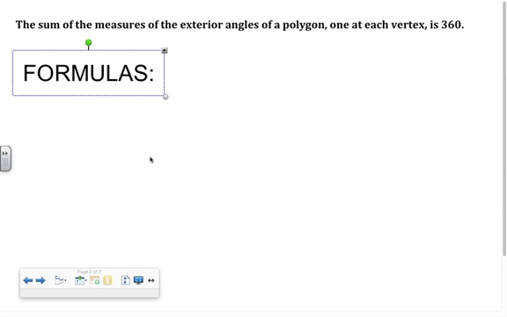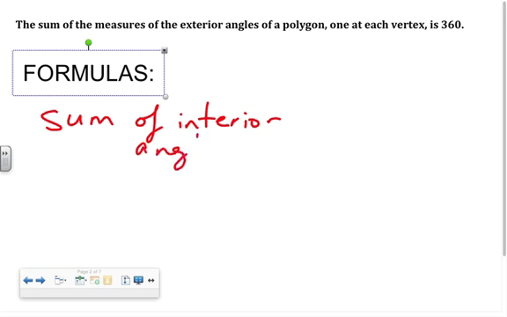A couple of formulas that you may or may not have committed to memory that maybe you want to add to your copy of the reference sheet so that you have something to study from over the weekend. The sum of the interior angles is n minus 2 times 180.